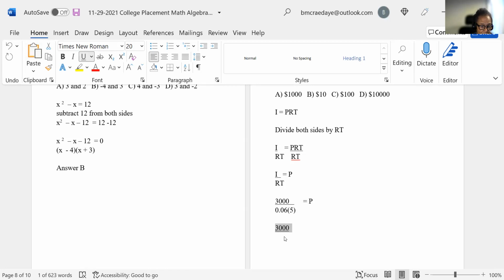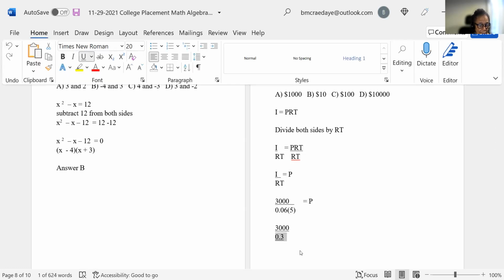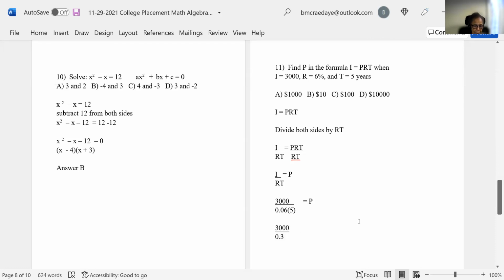Okay, let's put 0.3 here, and that's equal to P. So 3,000 divided by 0.3, what is that equal to? 10,000.